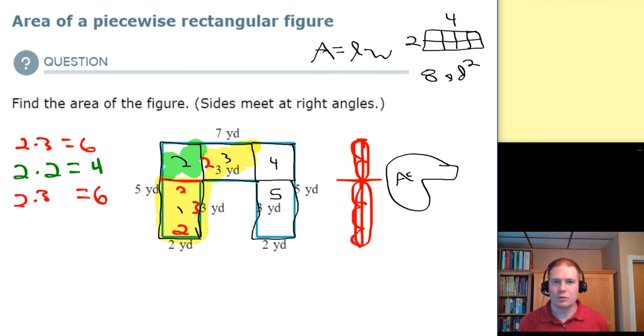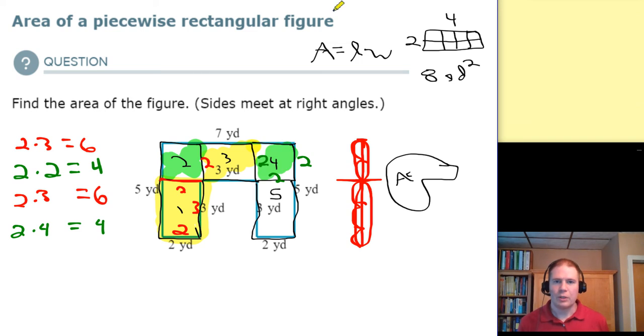All of these little pieces here are 2. Again, 3 plus 2 makes this 5 because this is 5. So here's 2 on this side. 2 means that this is 2 because in a rectangle opposite sides are the same length. So I have another 2 times 2 is 4. If I shade that in.